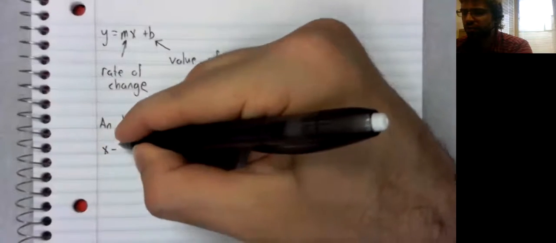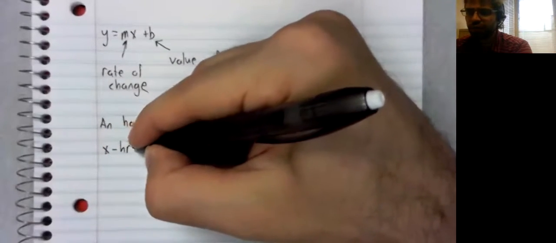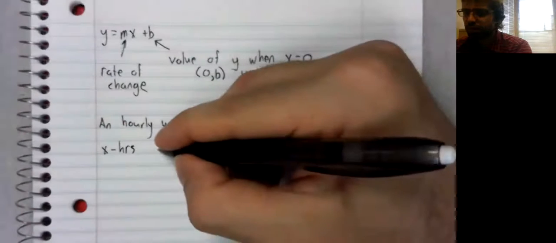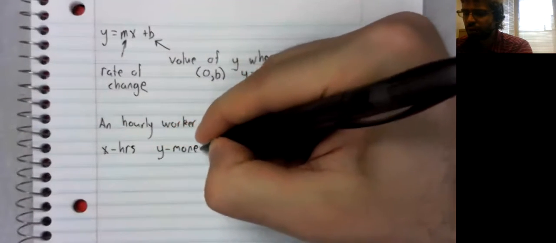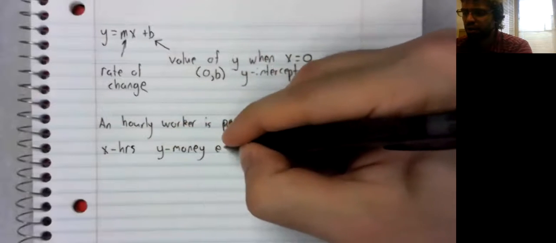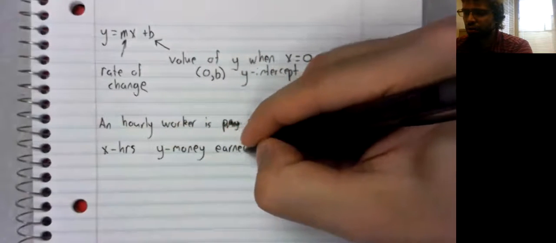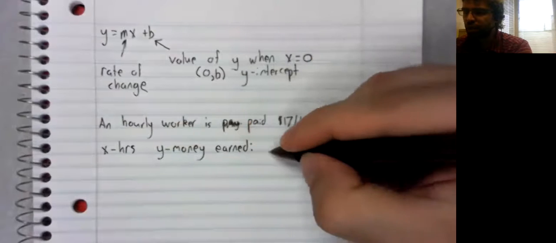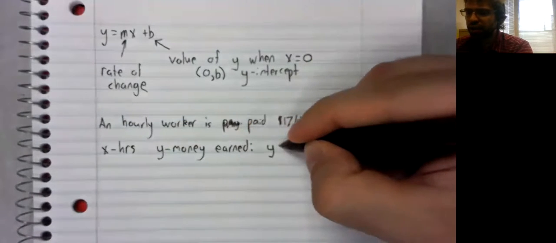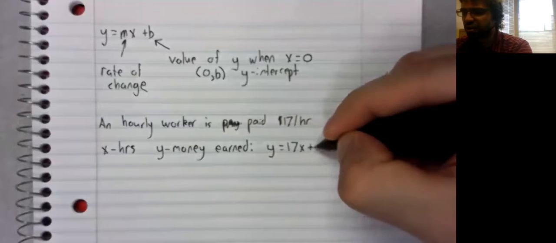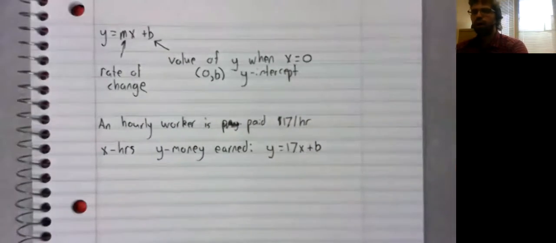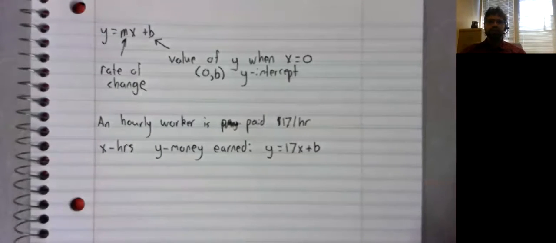So here x will be the number of hours spent working. y will be the money earned. And we've gotten as far as this. y equals 17x plus b.